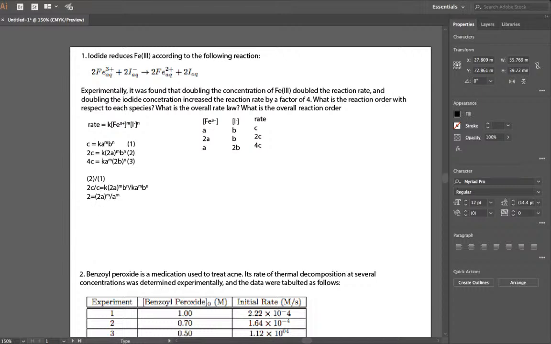So the answer would be 2 to the power of M. So 2 would equal 2 to the power of M. This would conclude that M equals 1.